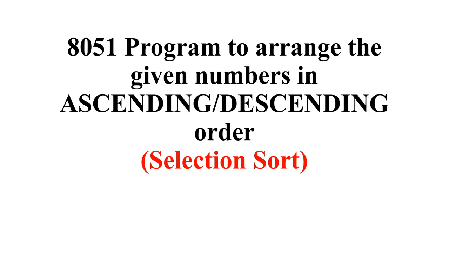So here we'll be using the memory locations 30H, 31H, 32H up to 34H. That is, we are using 5 numbers. You can use more than 5 also, but I am using only 5 numbers. Now here we'll store the data randomly, that is, not arranged in any order.